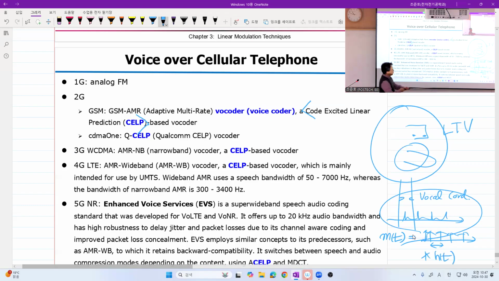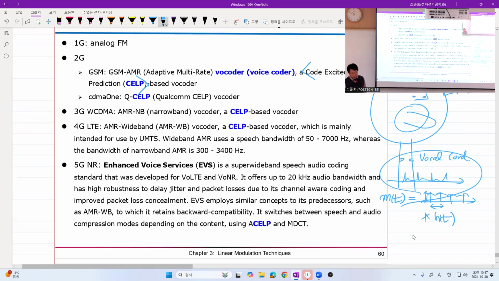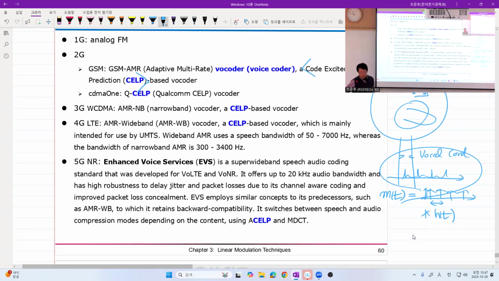And the filter, you may say that it could be arbitrary, but people have found that some discrete time filter with a finite number of coefficients, whose coefficients can be easily found, works well. That is the linear predictive coding technique.